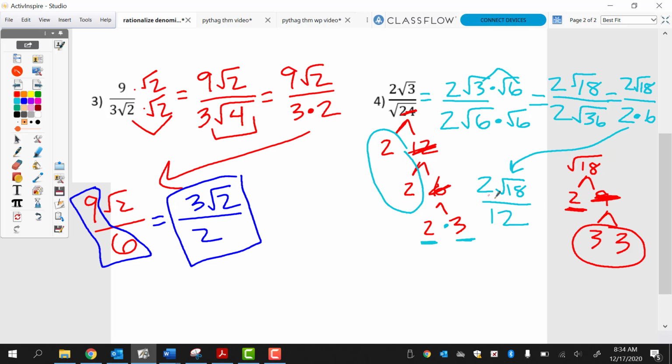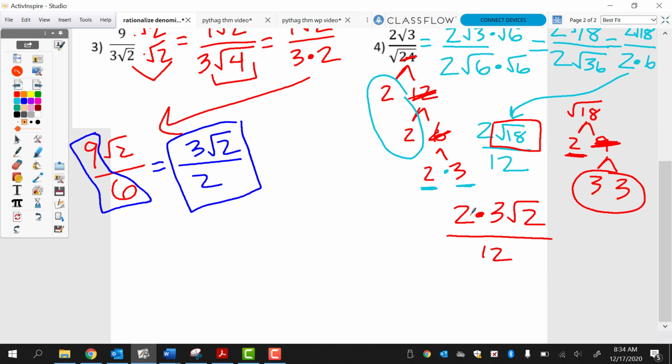So on the top, I had the 2 before. Now, instead of square root of 18, I'm putting, what was my pair was a 3, square root of 2. These two outside numbers, if there's multiple, we multiply them. The 12 is still on the bottom. 2 times 3, we type that in the calculator, it gives us 6, square root of 2.